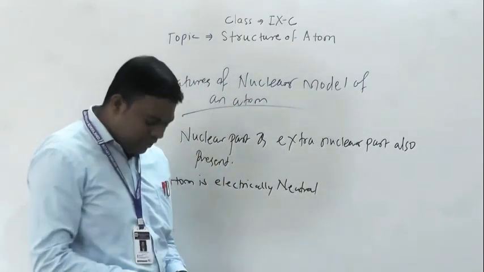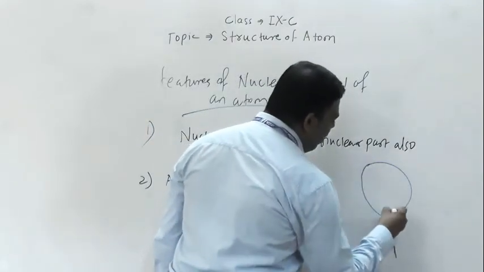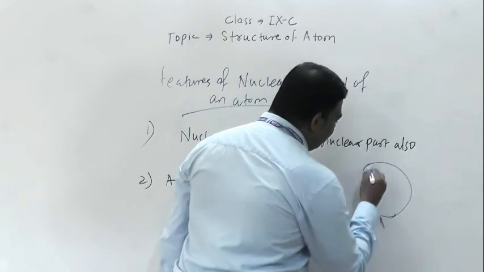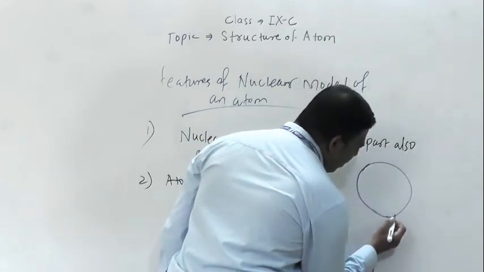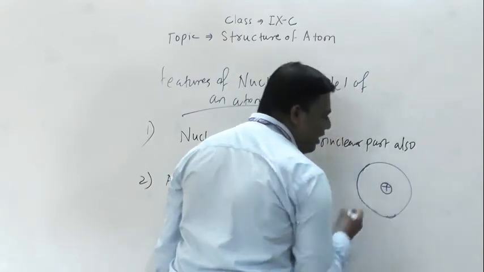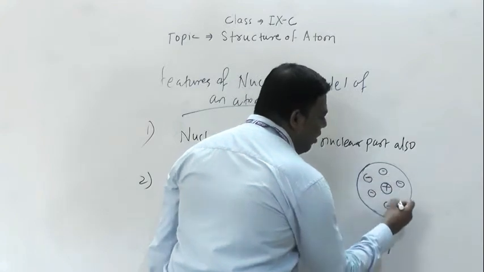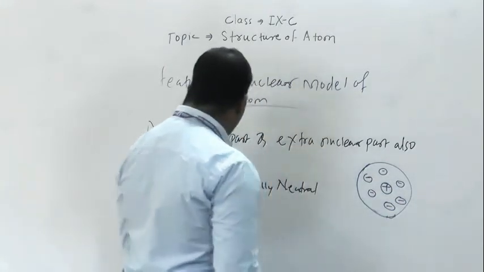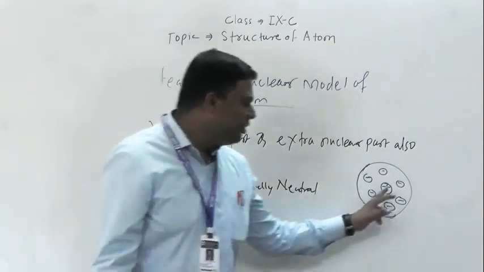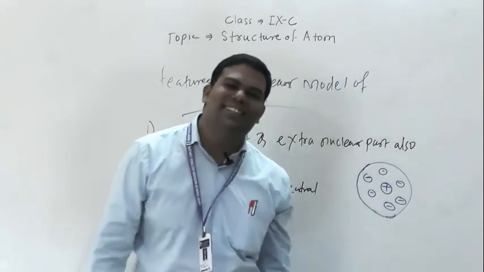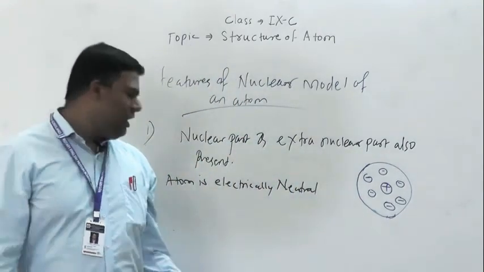As we saw in the diagram again, this is the atom. Here is the nucleus and negatively charged spaces around it. How can we say whether the atom is electrically neutral or not? This positive charge and this negative charge make the atom neutral. Understood?